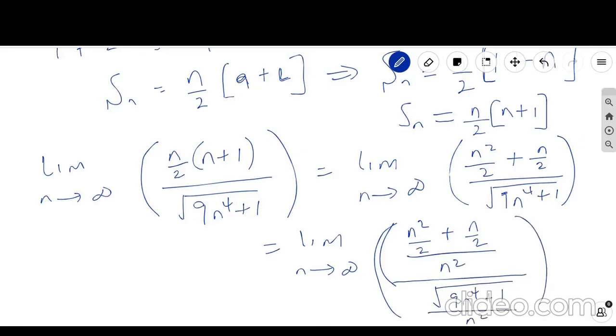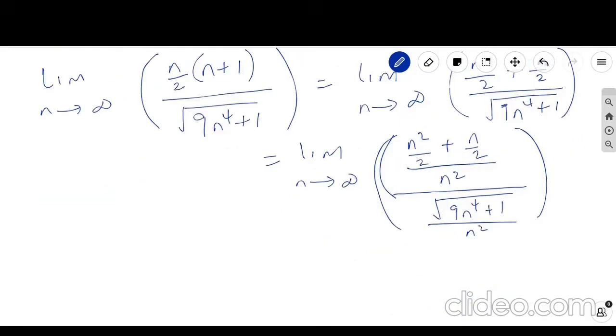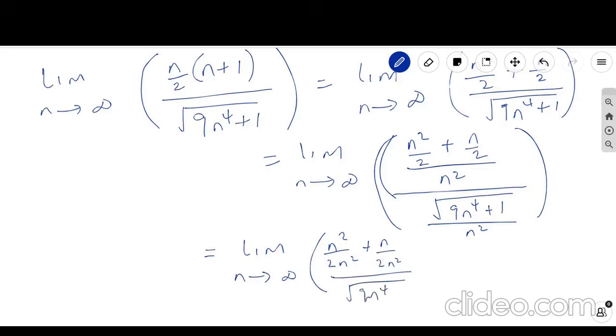Simplifying further, this is n squared over 2n squared plus n over 2n squared, over the square root of this plus 1, then over n squared.